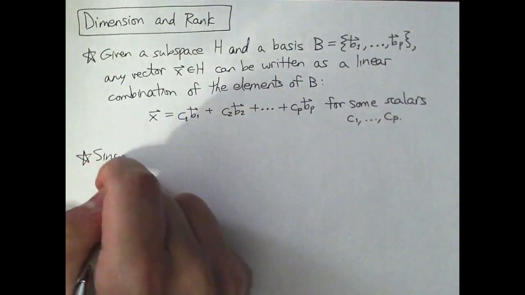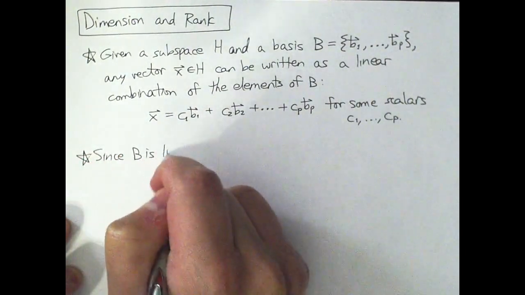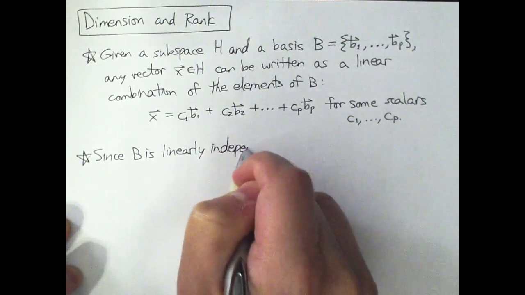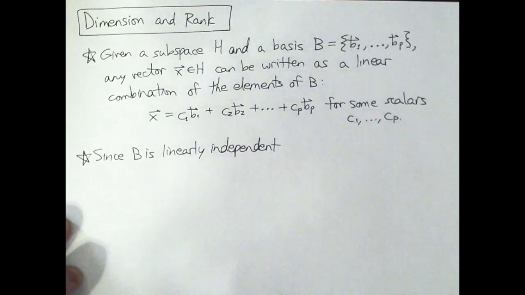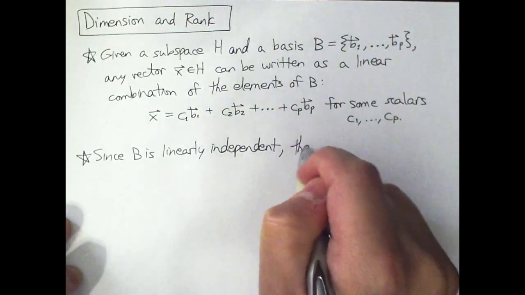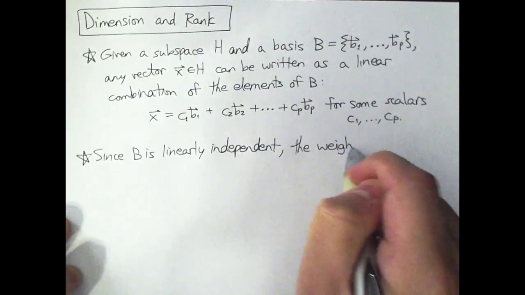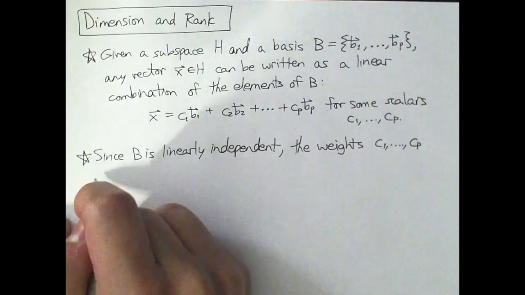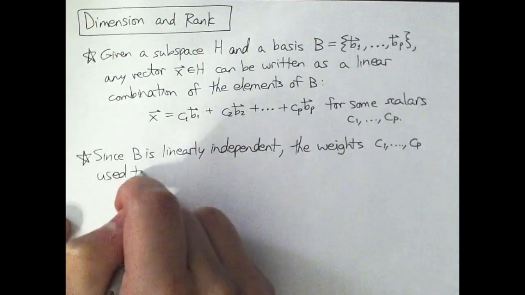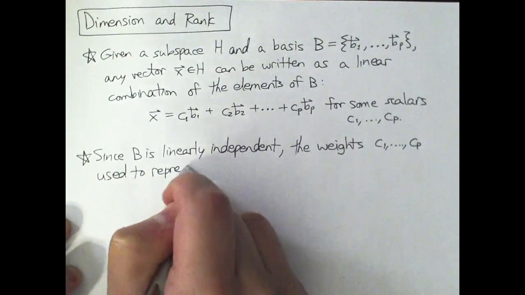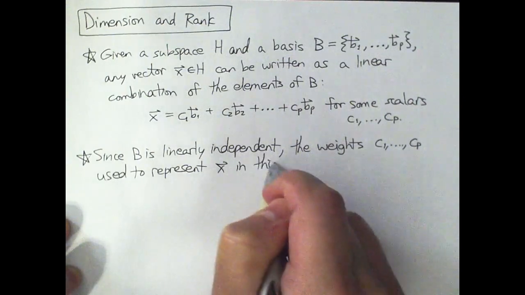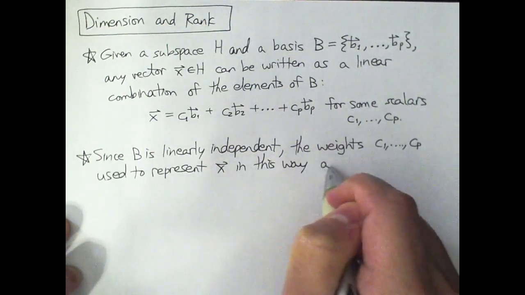Since B is linearly independent, that was part of the definition of a basis. It has to be a linearly independent set. The weights c1 through cp used to represent x in this way are unique.